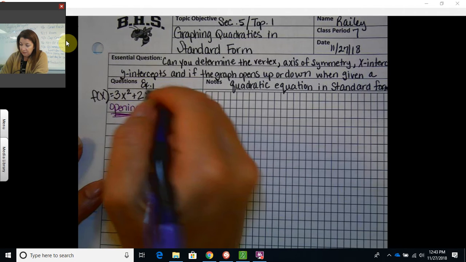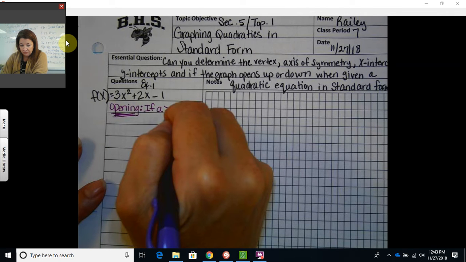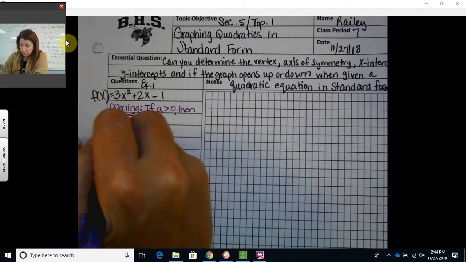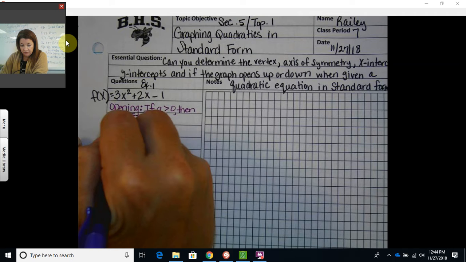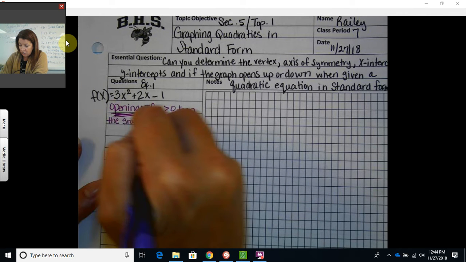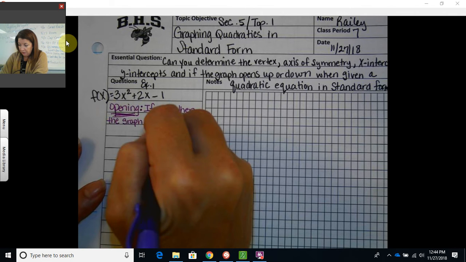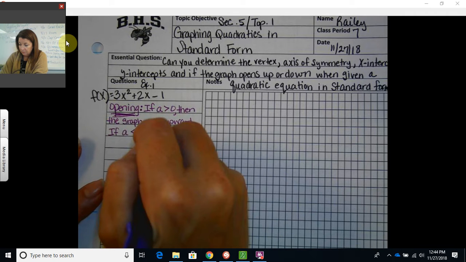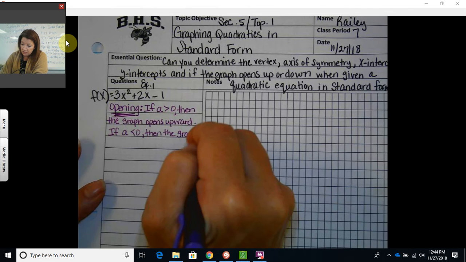So if A is greater than 0, then the graph opens upward. If A is less than 0, then the graph opens downward.